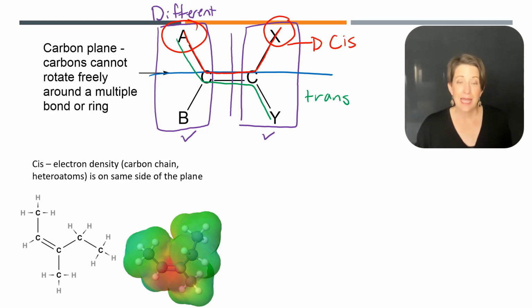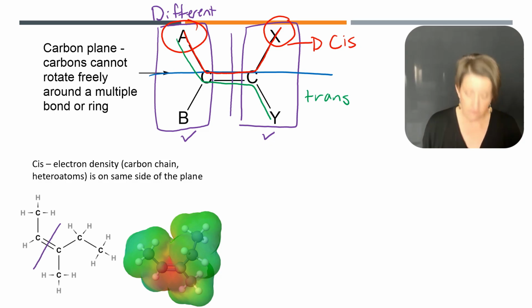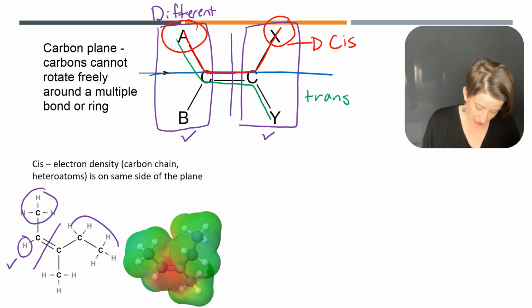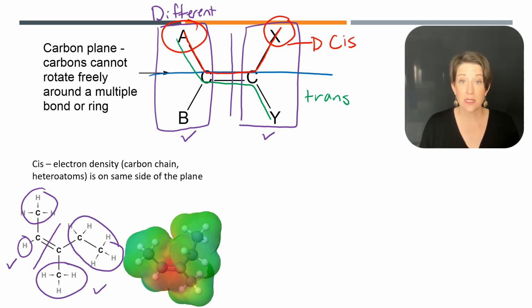So looking at these with true chemical structures. Step one, we are going to make that vertical line slicing where our fixed carbons are, here, that double bond. Looking at either side, I've got a methyl group and a hydrogen. Those are different. I've got an ethyl group and a methyl group. Those are different.